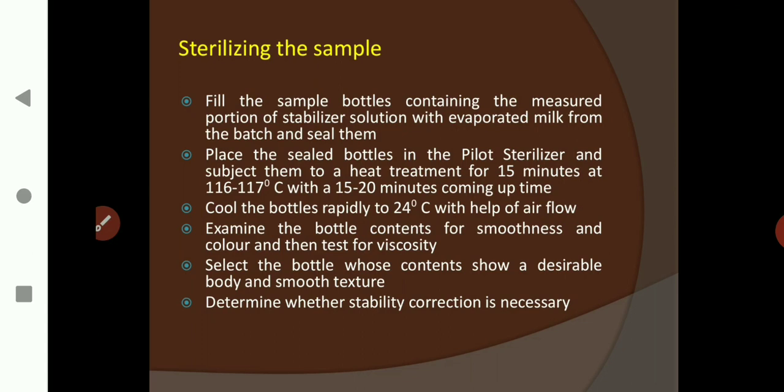They'll check if there is any clot or anything, and select the bottle whose contents show a desirable body and smooth texture. Then they will find out the concentration of stabilizing salt added to that bottle, and that is the concentration to be added to your original concentrated milk.